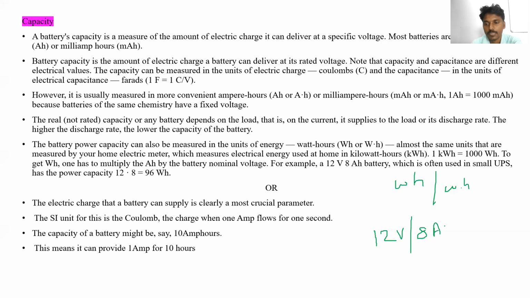So the battery power is 12 into 8, how much? 96 watt hour. In terms of power, that is the battery capacity, 96 watt hour. Is it clear?